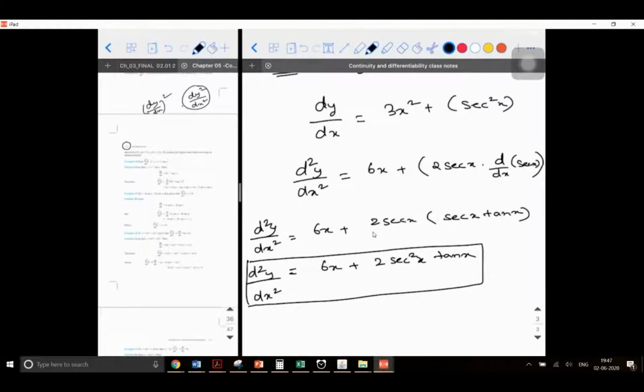The question is d square y by dx square plus y is equal to 0. Isn't it?